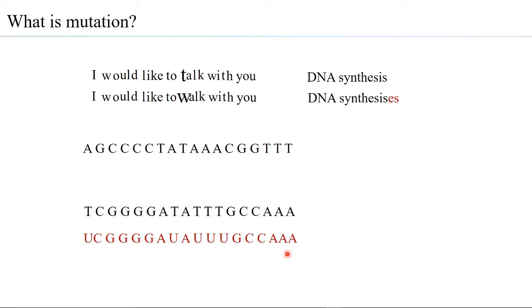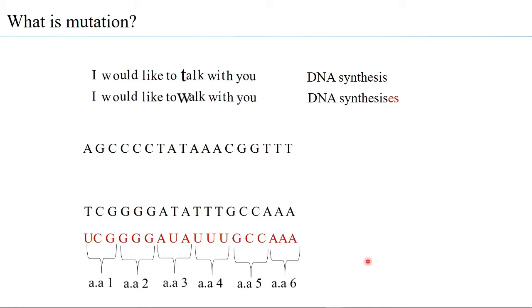According to the genetic code, the codon is a triplet, which means that in this RNA, every triplet is going to code for an amino acid, which means UCG will code for one amino acid, GGG will code for another amino acid, and so on and so forth. So every triplet codon is giving rise to one amino acid.